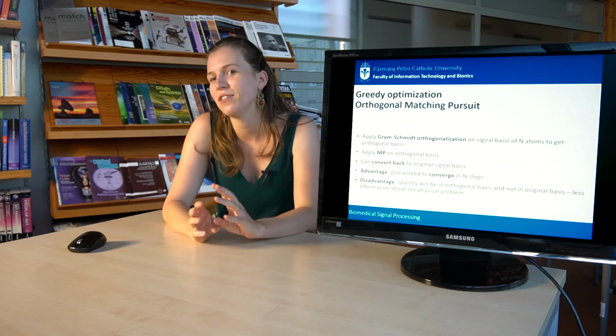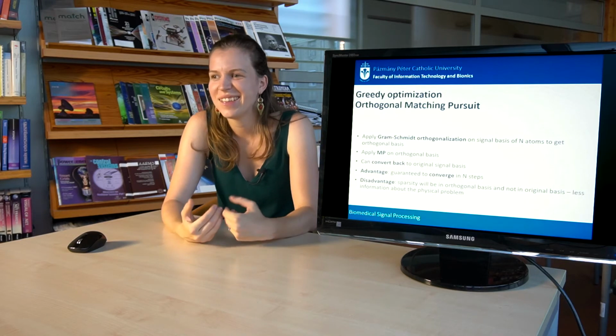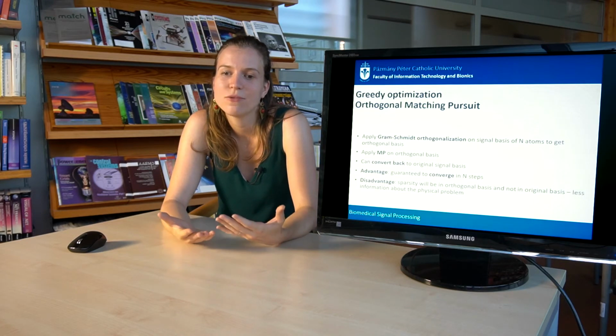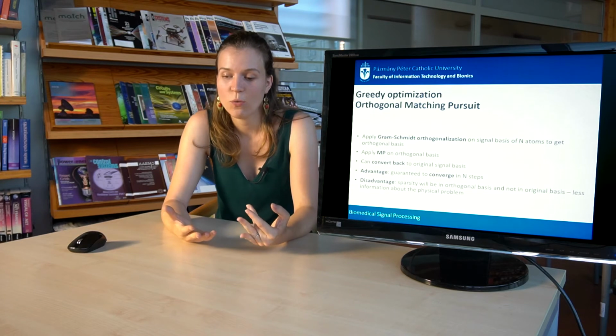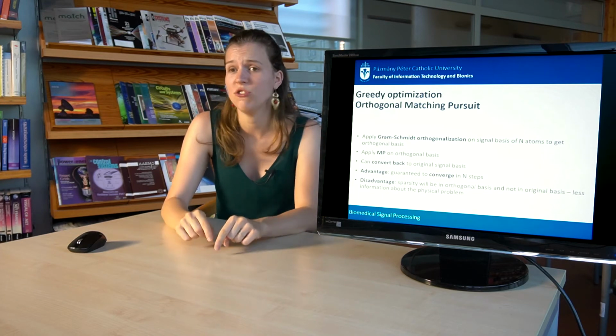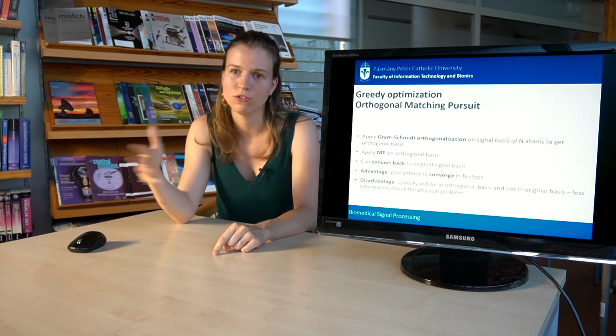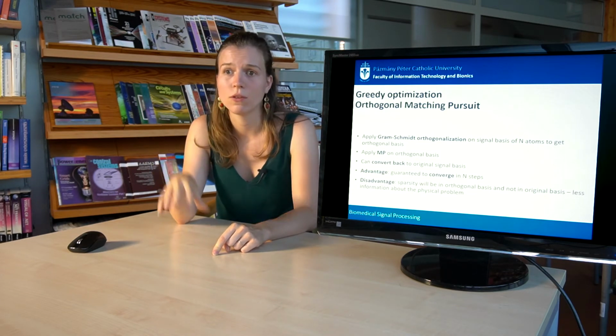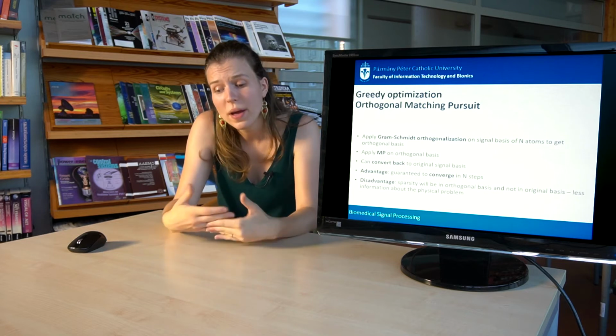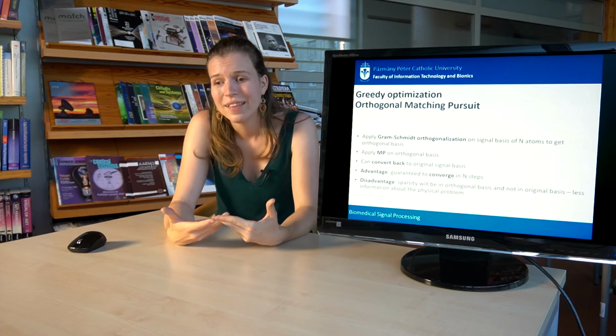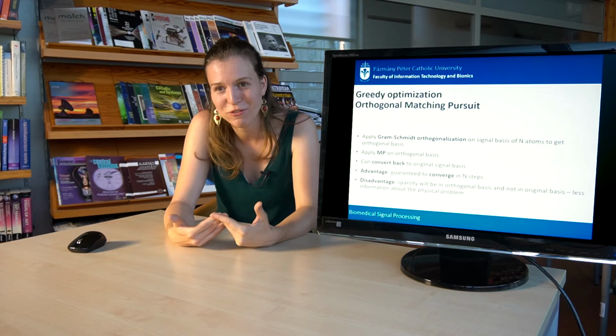But what is not so good for us is that these arrays don't really mean anything for us. So when you would like to go back to your original basis, using the backward solution for this Gram-Schmidt orthogonalization, then you will not have sparse coefficients.